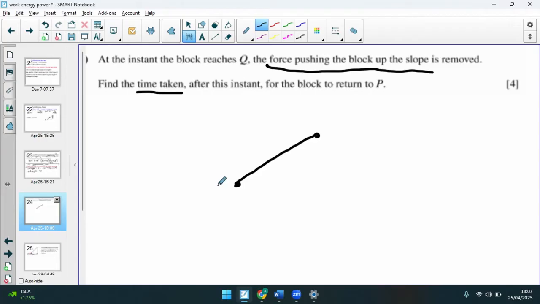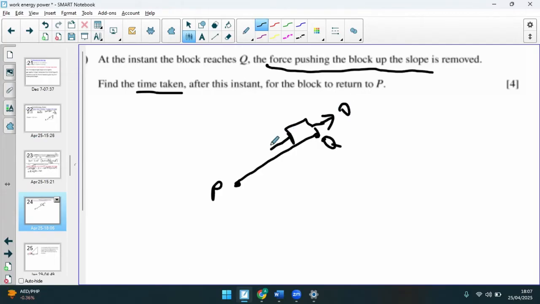Okay, so we have P, Q, and the block is over here. Just going to remove this to make it easier. Now there's no driving force, so that's just 0.